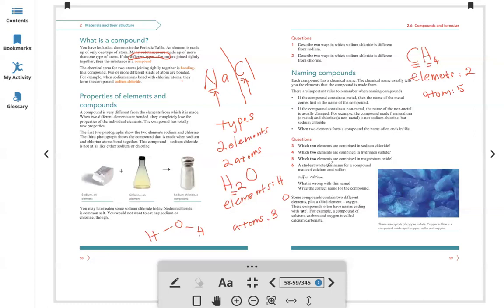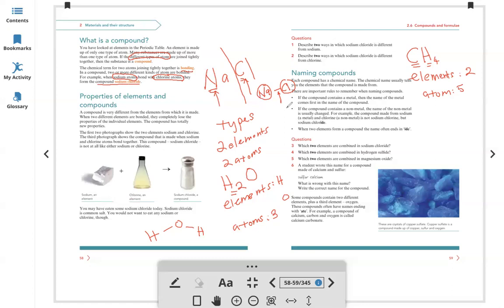All right. For example, the Na will link with Cl. This linkage is called bonding. I give you an example: the sodium atom is linked with the chloride atom, and together they form a new compound called sodium chloride.